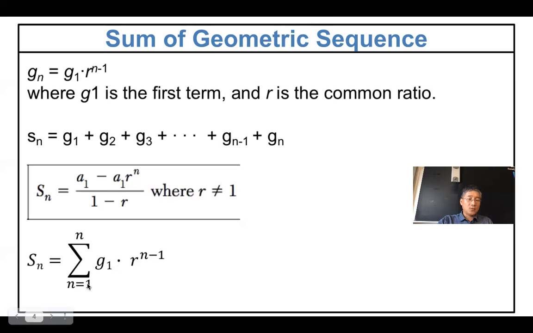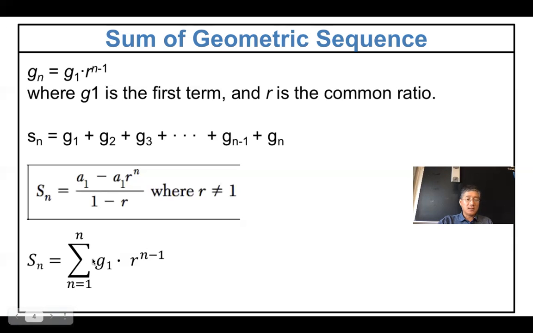So n equal to 1 through n terms. If it is 5, then 1, 2, 3, 4, 5 terms you are going to add. It means you are going to add 1, 2, 3 up to n terms.